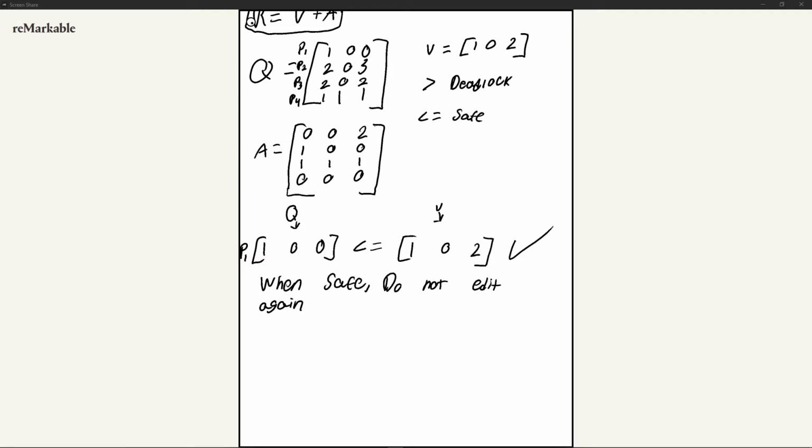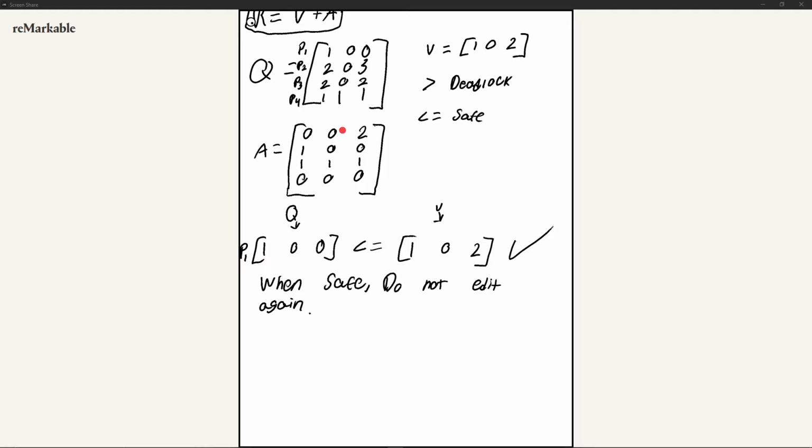Now, when it's safe, you still have to do some work. When it's safe, you have to take the allocation matrices corresponding to P. So, for instance, if this is P1 and it is safe, we determine that there's enough space for this process to execute.